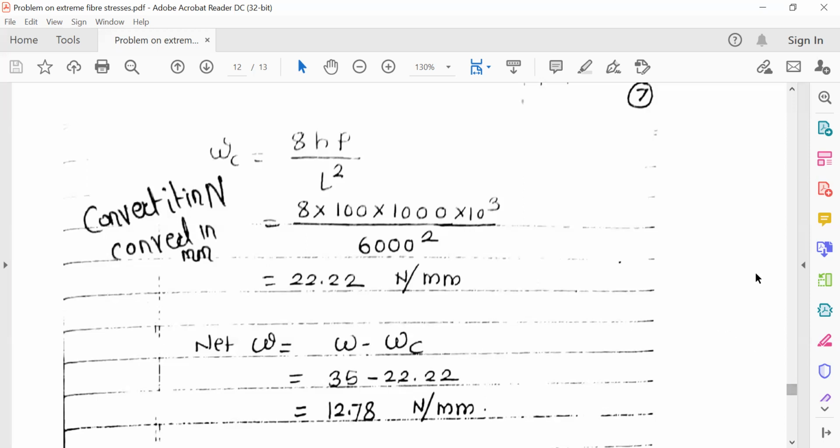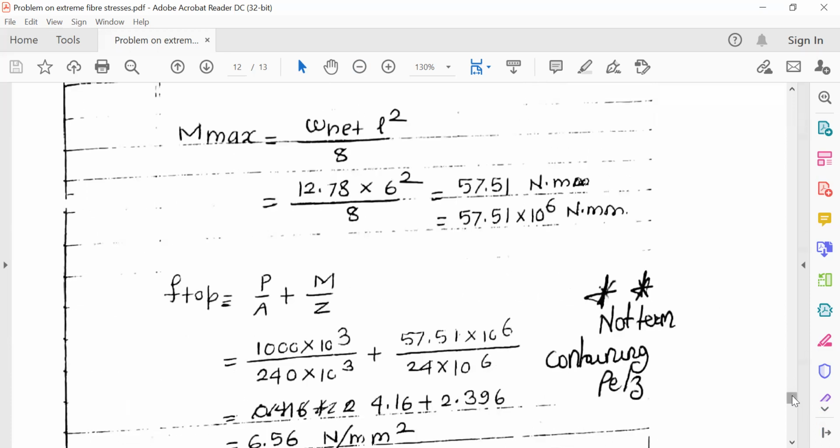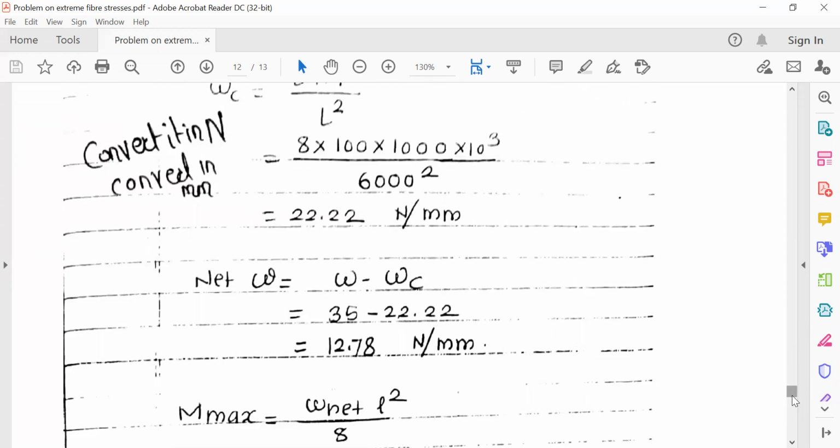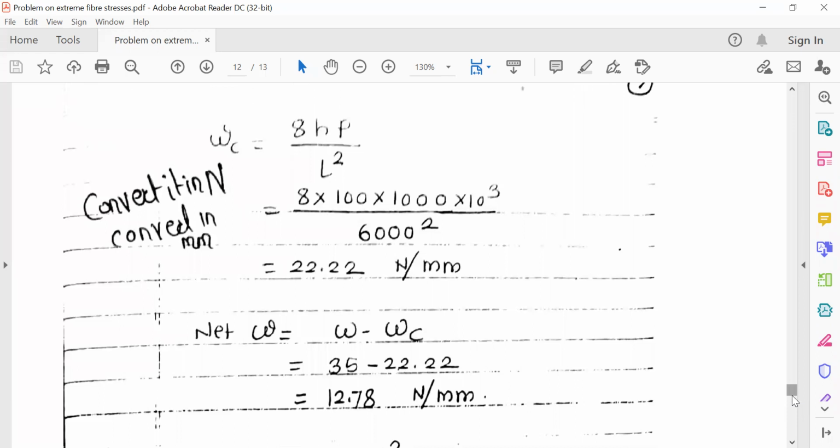So 35 minus WC. WC आपका कितना है? 22.22. So उस पे से नेट W you are going to get it as 12.78 Newton per mm. So calculate the value for net W, then we'll proceed further for the calculations of moment. See whether you are also getting the same answers or not. And if you are having any of the doubts, you can ask.